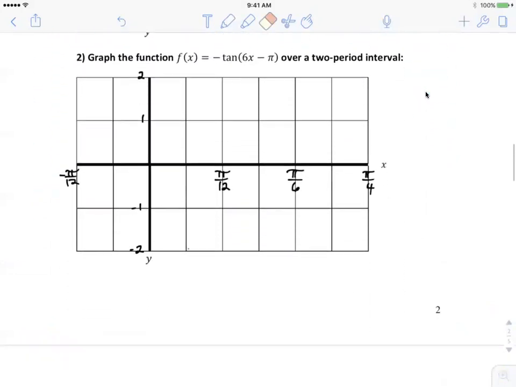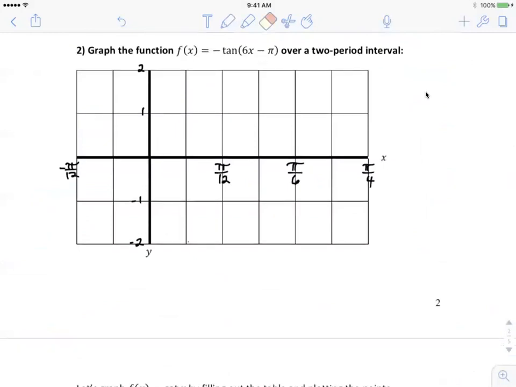Let's graph this one. And I already pre-labeled the axes in a way that it's going to match this function. And you'll see that appear as we calculate some things. The first thing I noticed about this function is that 6 needs to be factored out. So maybe down here below, let's factor that out.